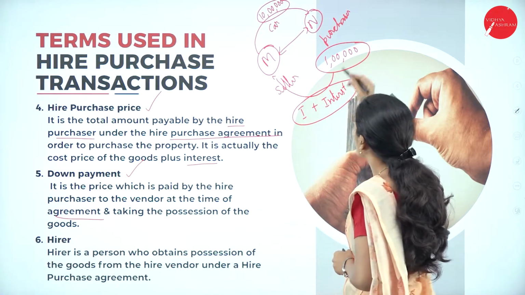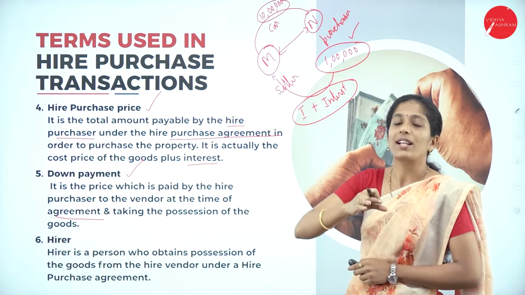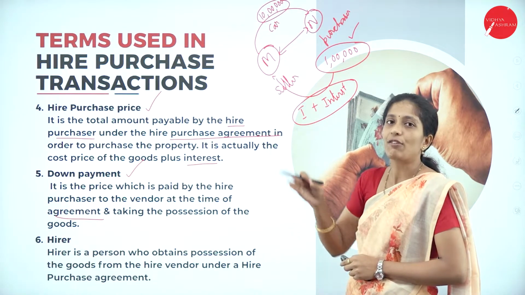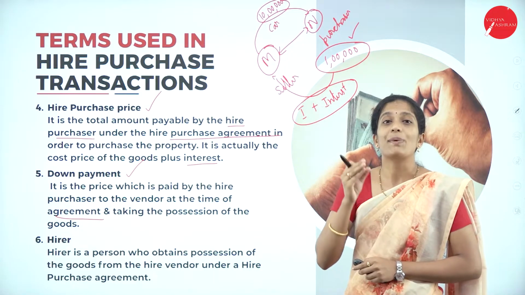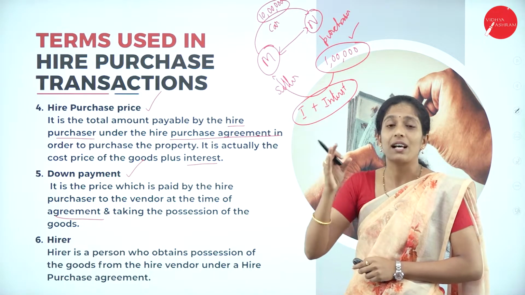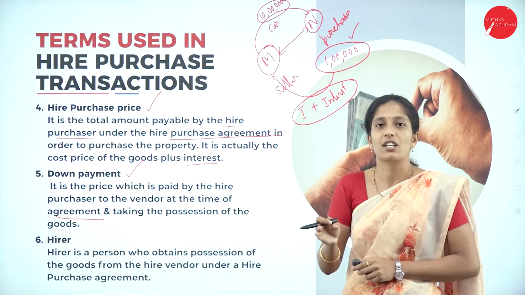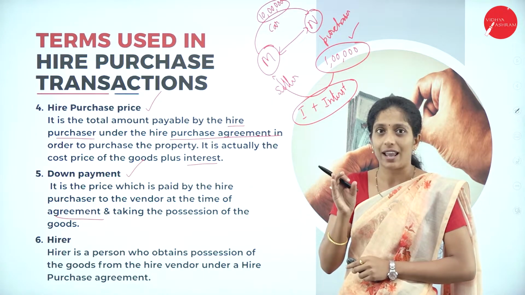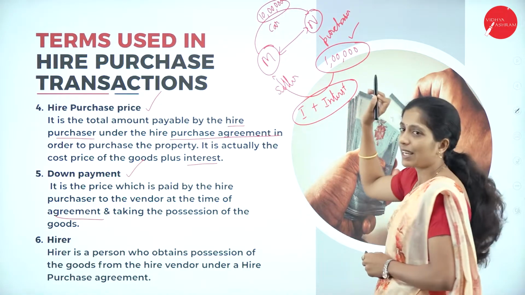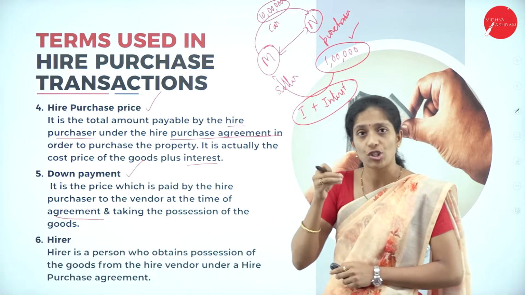So he pays only 1 lakh on the date of purchase. That is, on the date when the car is received by N, on the same day he will pay some amount that is a percentage of the total cash price. So it may be 10% or 15%. So the total cash price into 15% is the amount paid by the hire purchaser on the date of possession of the goods.